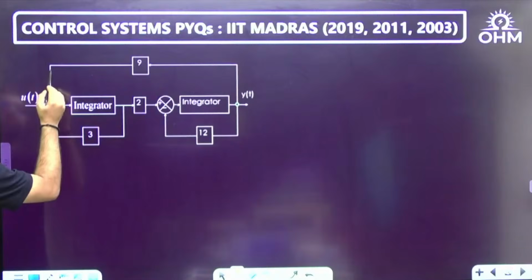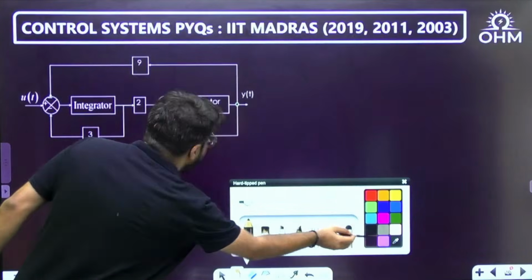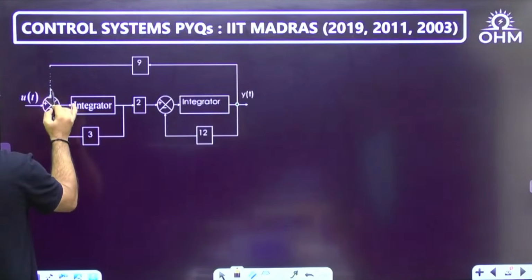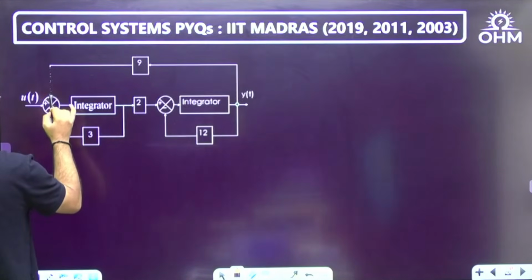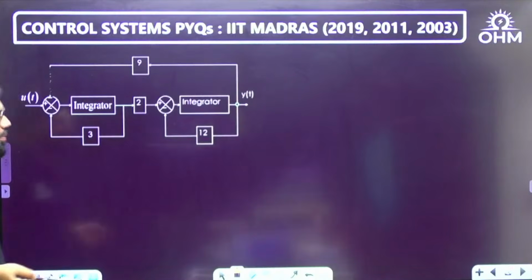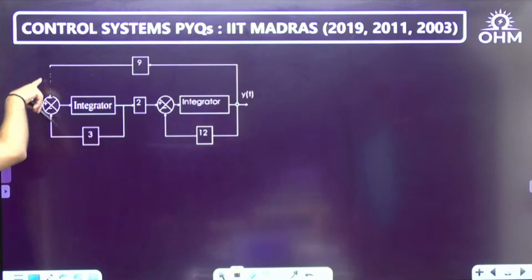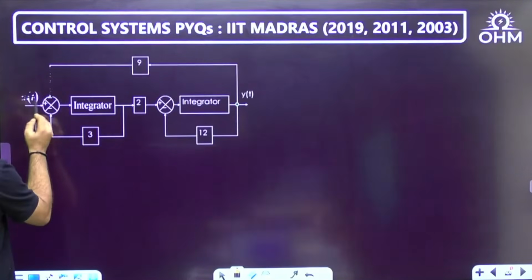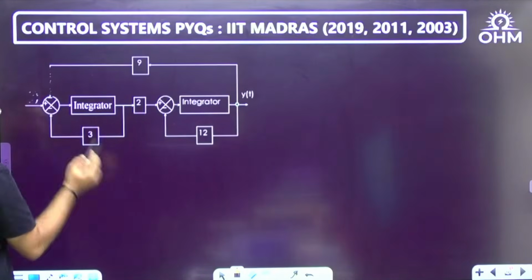What you can do is, I'll just make a slight modification here. I can remove this connection and take it to another summing point, in the minus form. Ultimately, what you want is this signal should be entering with the minus sign.